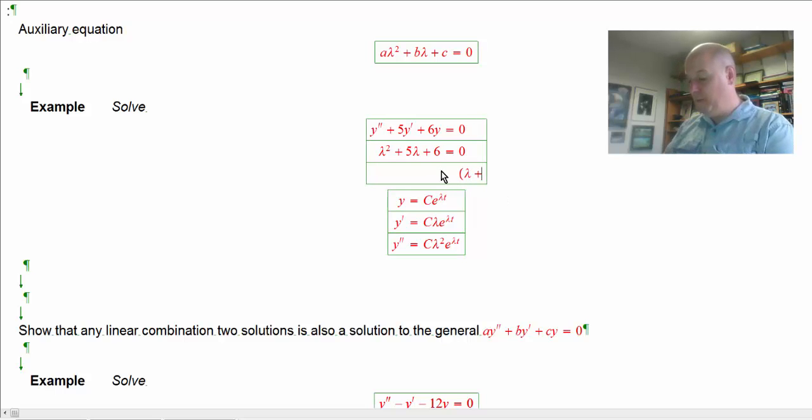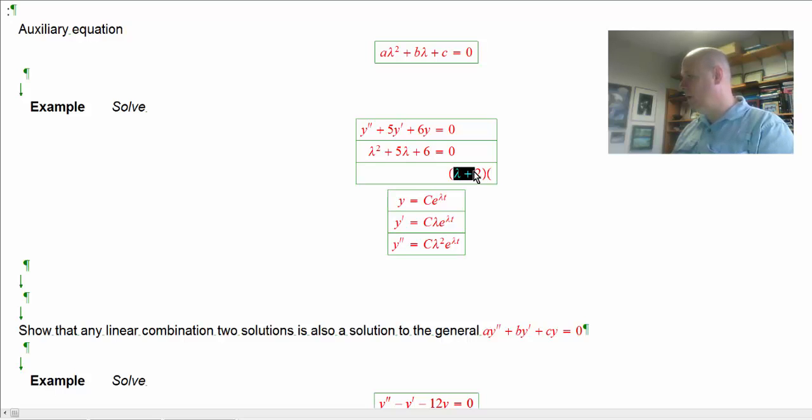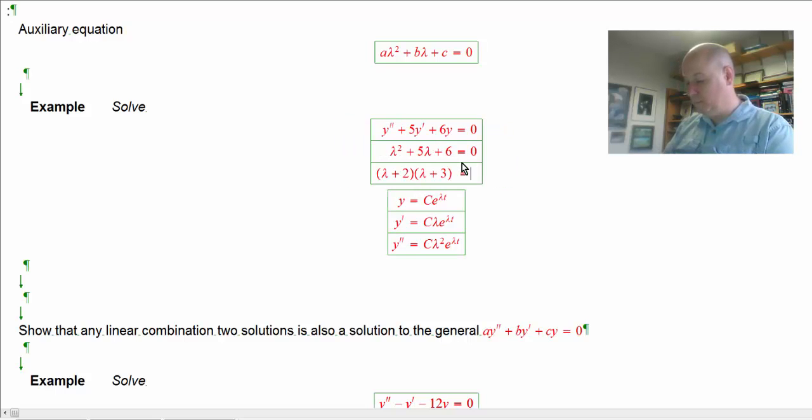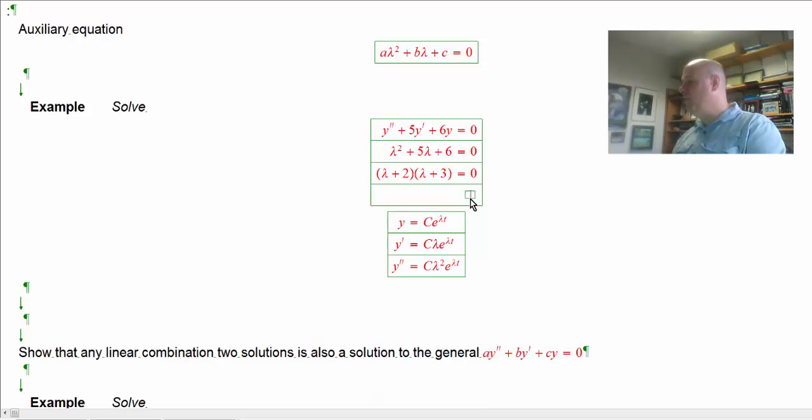I'll get (lambda + 2) times (lambda + 3). So I get two answers then. I get either lambda equals minus 2 or lambda equals minus 3. So here are my solutions then.